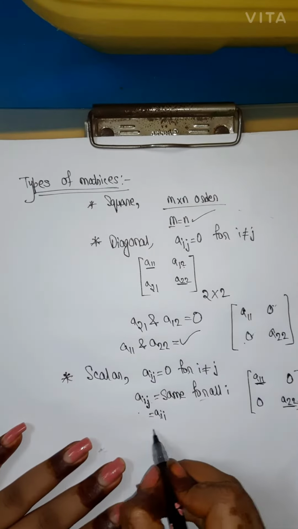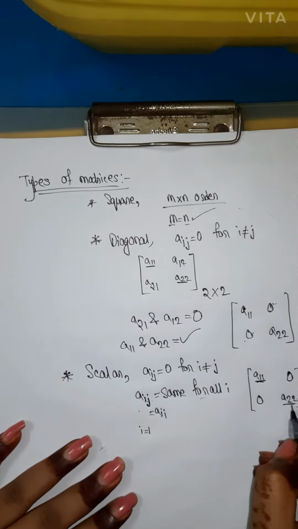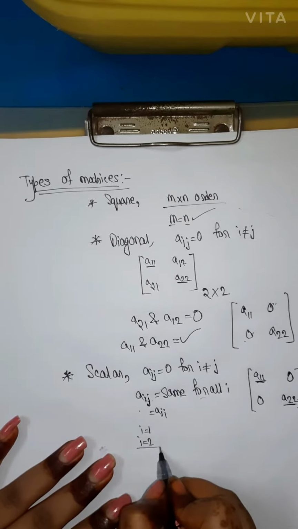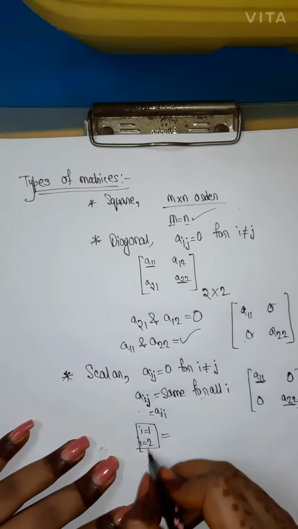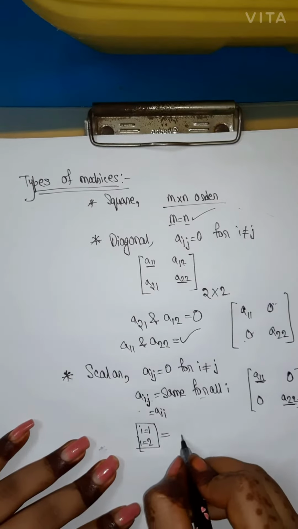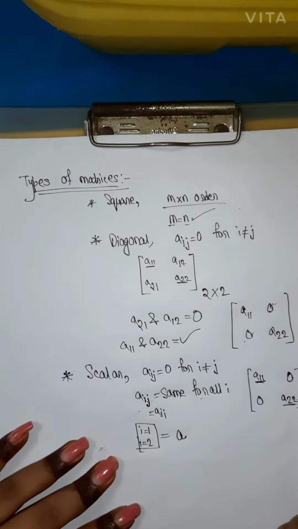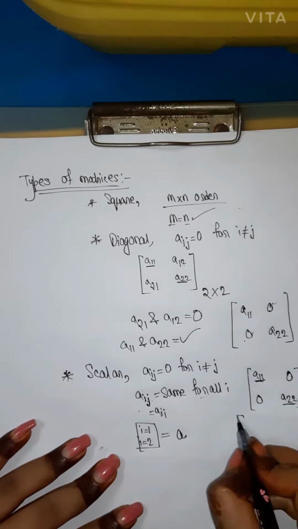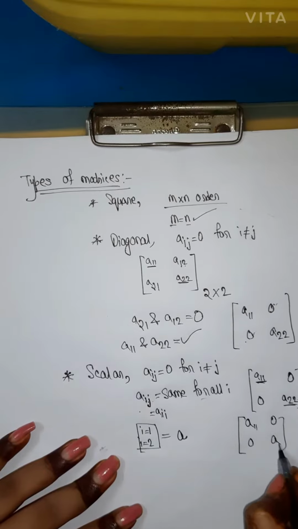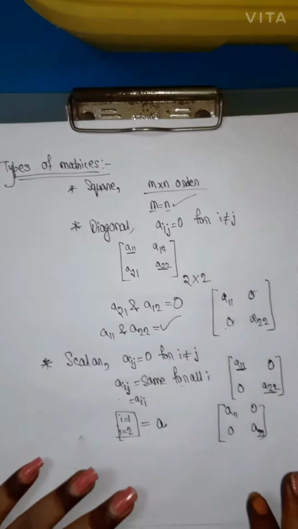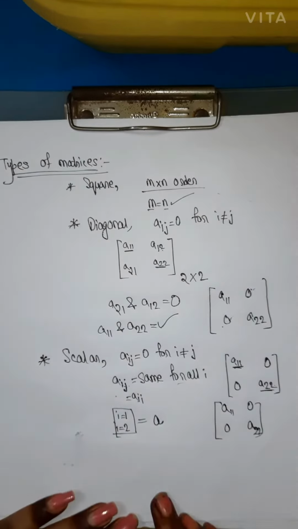Here i is equal to 1 and here i is equal to 2, but for all these rows we will have the same element, let us say a. So it will reduce to a, 0, 0, a, meaning a11 is equal to a22 and so on. We will have the same diagonal elements.